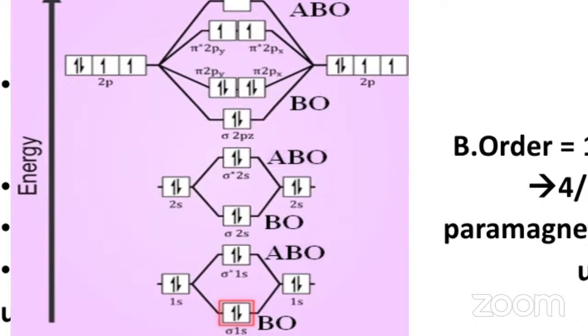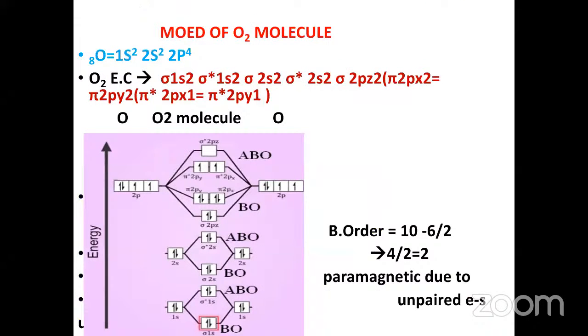Next you will write the bond order. Okay, the bond order is equal to, here how many electrons are present in the bonding molecular orbitals? You will count here 2 electrons, and here 2, and here also 2, 4, and 4 plus 2 is 6, and 6 plus 2 is 8, and 8 plus these two, total 10 electrons. Okay, and 10 minus the electrons present in antibonding molecular orbitals, 10 minus 6, that by 2 is equal to 2.